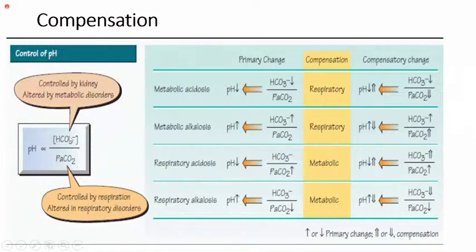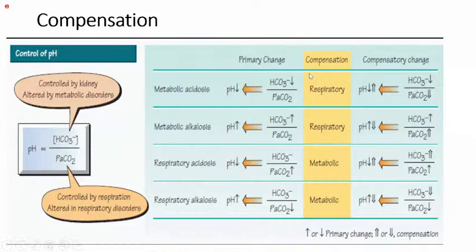If the problem you see on the BGA is that the bicarbonate is in the same direction as the pH change, we're talking about metabolic disorders. But if the problem is specifically with the CO2, remember this is controlled by the lungs, by respiration, this is what will be primarily altered in respiratory disorders.